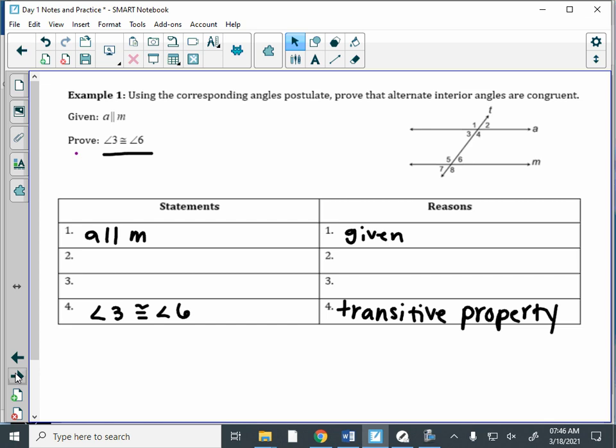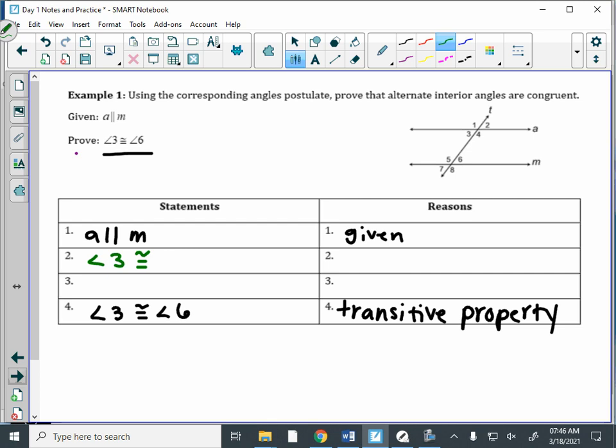Here's how you fill in your middle. Look at what you're trying to prove. Pick one of the angles. I just tend to pick the first one, so it's consistent. You can always just pick the second one. I just like to pick the first one. So I'm going to pick angle 3. Okay? And again, we are linking angles together.